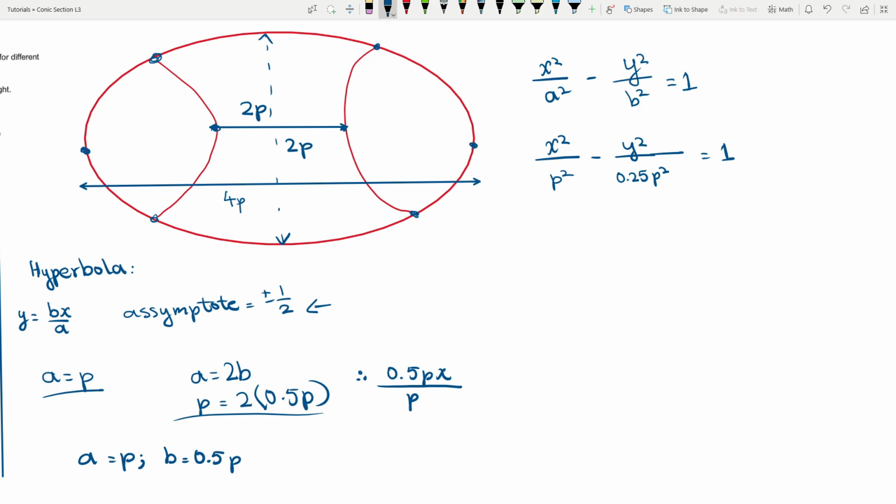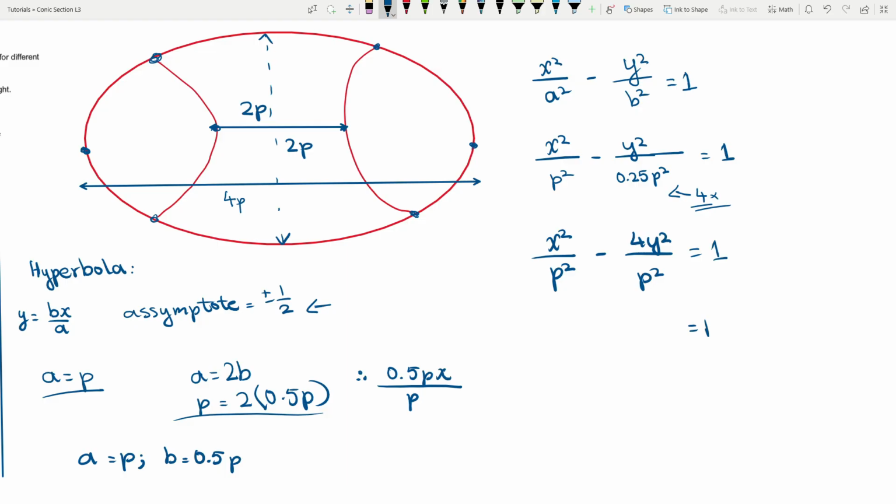So it's better to make it so there is no fraction, so we can substitute it. It's just going to make it way easier. So x squared over p squared minus 4y squared over p squared. How did we do this? Okay, so we just multiplied the whole fraction by 4, right? Okay, so equals to 1.